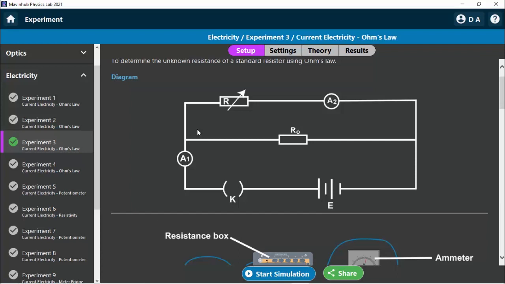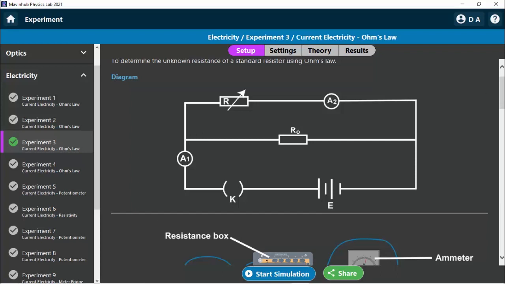And the objective in this experiment, I'm very confident, is going to be the same as the objective of the experiment that NECO will set in 2021 Physics Practical under electricity. So if you can master this, then you'll be very, very prepared for the actual exam, because they share the same apparatus and they share the same objective.